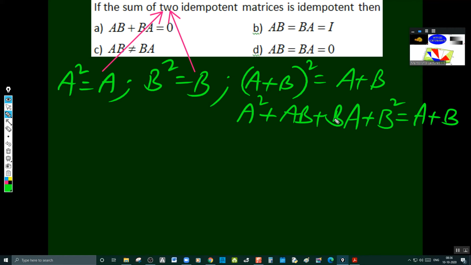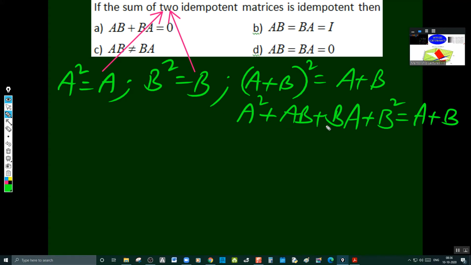If it is not mentioned in the question or in the data, you should not apply the a plus b whole square formula here. You have to write like this only: a square plus ab plus ba.